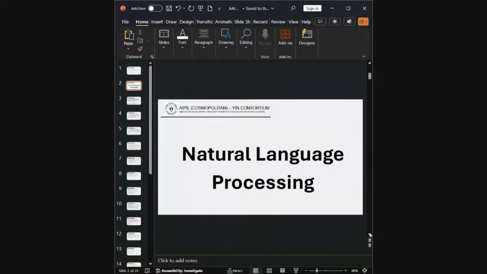Natural language processing. How many of us remember that natural language processing is actually a field in computer science, and is a subfield of what? Before this particular module, in the last two modules I took, I tried to tell you about the 5 major subfields in artificial intelligence, and natural language processing is a major one.